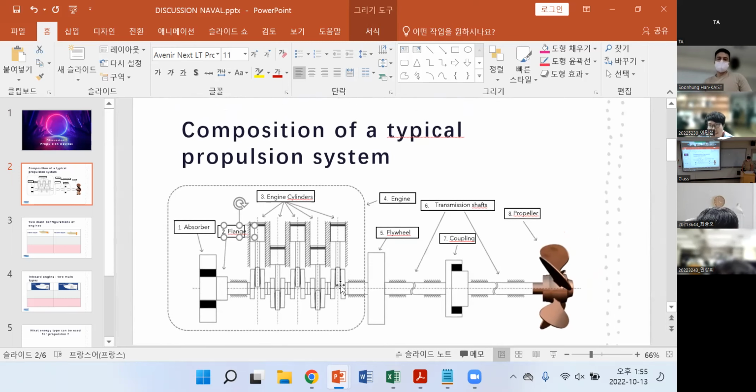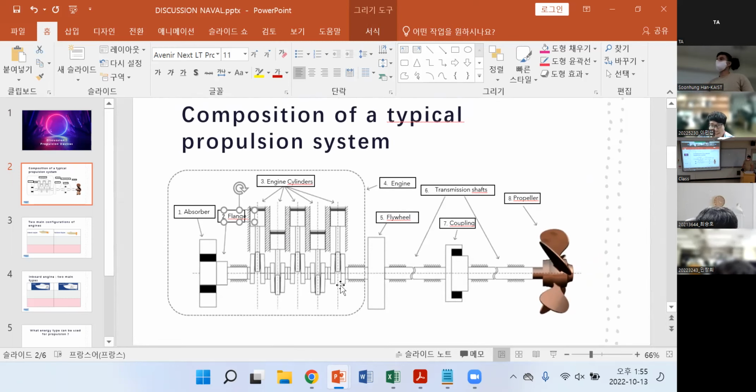Do you have any questions about one of the components? What is flywheel? It's used sometimes to smooth the rotation of the shaft. Thanks to the inertia of the wheel, it improves the rotation of the shaft.